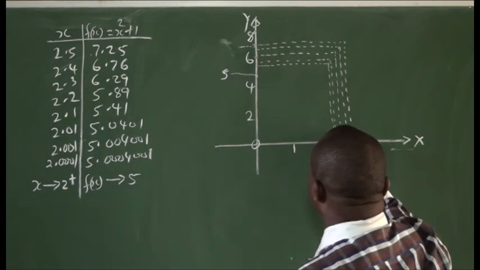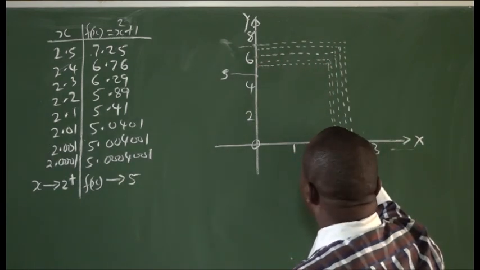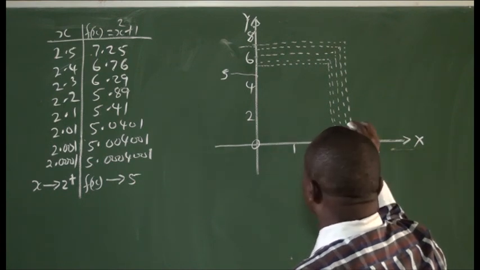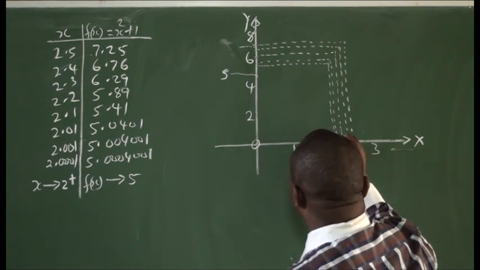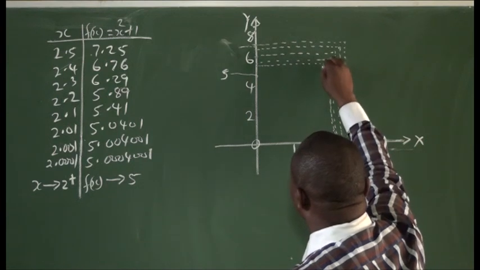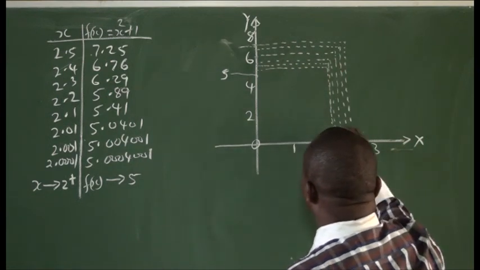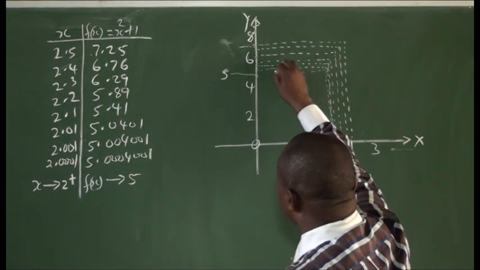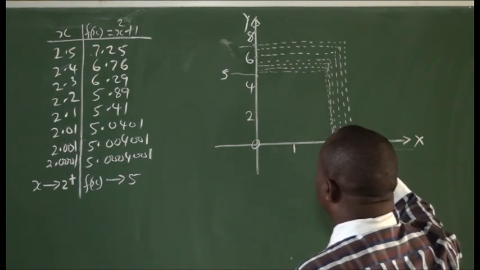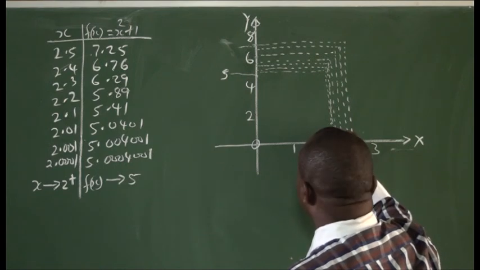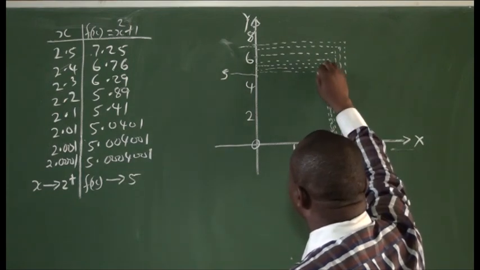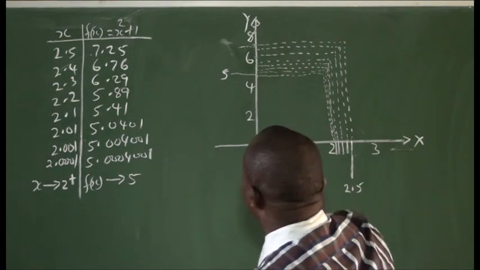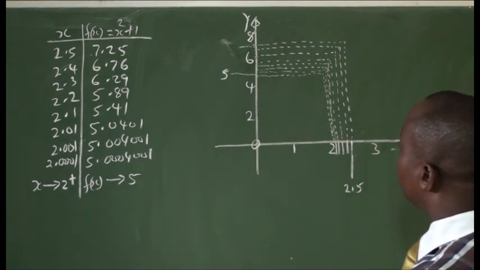So when x is 2.01, very close to 2, we have another one somewhere here. When it is 2.001, it's 5.0. When it is 2.0001, we have, look at that, 5.0004.